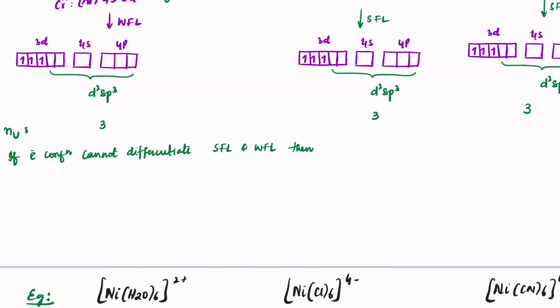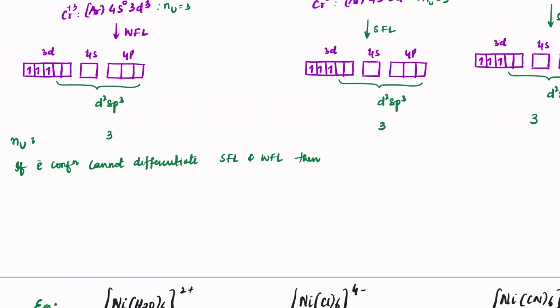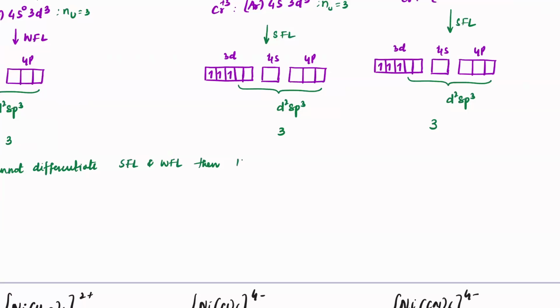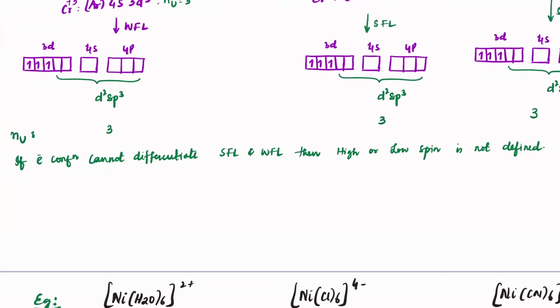Right. So if electron configuration cannot differentiate strong field or weak field ligand, then high spin or low spin is not defined. High spin and low spin are only subject to the differentiation of strong field and weak field.